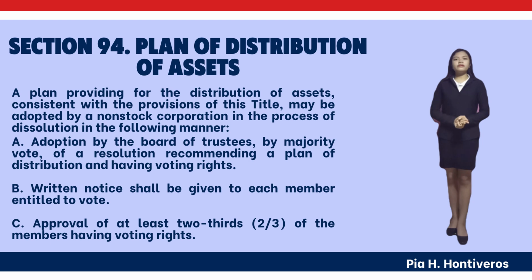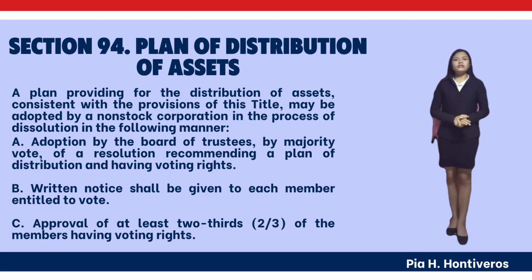Section 94 is about the plan of distribution of assets. The procedure in the adoption of a plan of distribution of assets of a non-stock corporation are the following. Number 1, adoption by the Board of Trustees by majority vote of a resolution recommending a plan of distribution and directing its submission to a vote at a regular or special meeting of members having voting rights.